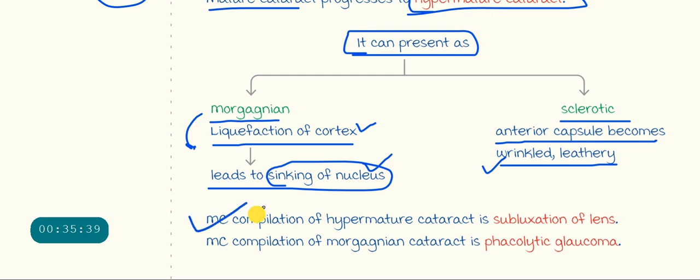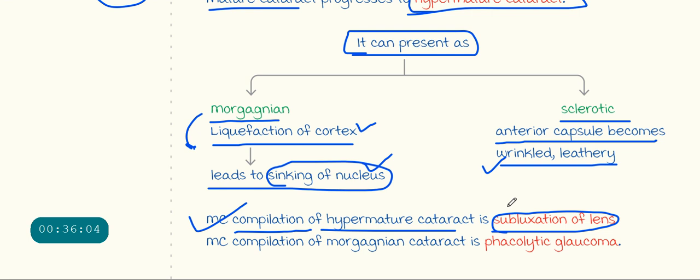Now the next, the most common complication of hypermature cataract is subluxation of lens. This is the most common complication of hypermature cataract.